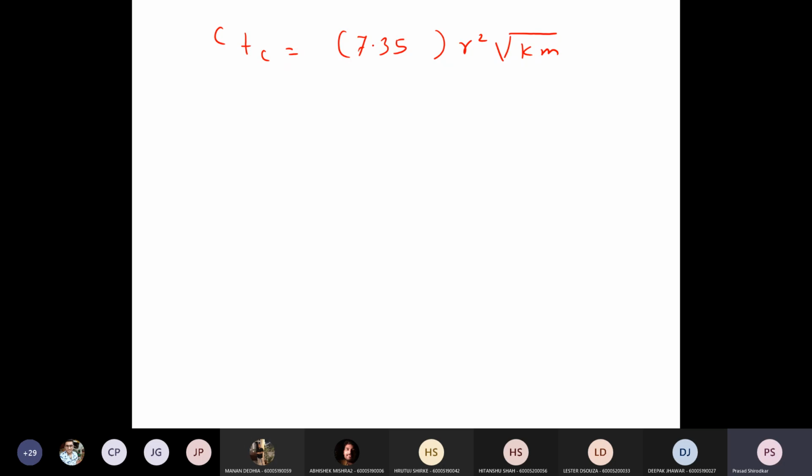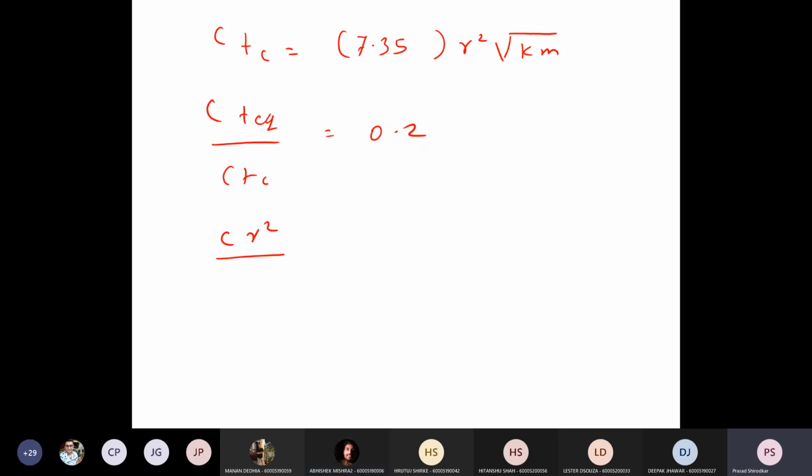What is the damping ratio given? 0.2. So C torsional equivalent divided by C torsional critical is 0.2. So C torsional equivalent is how much? C r square, correct?